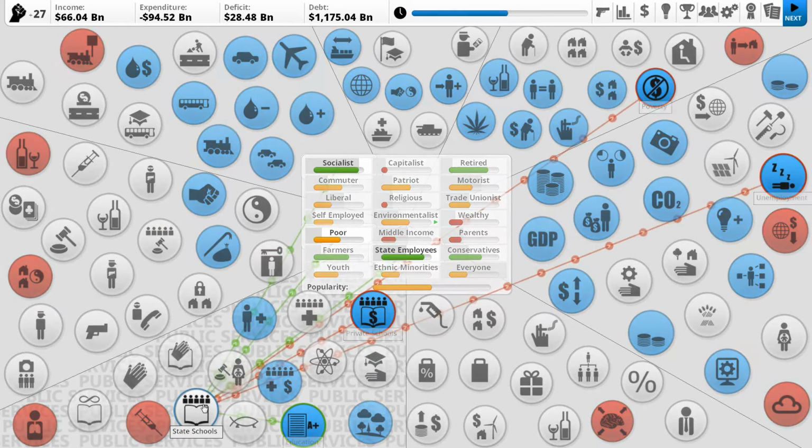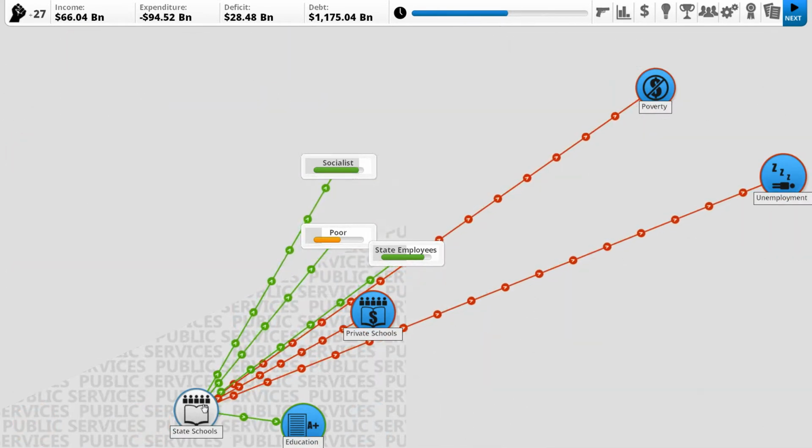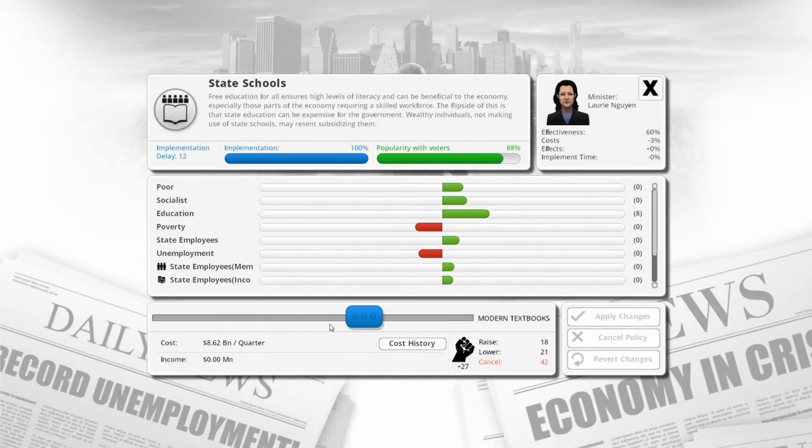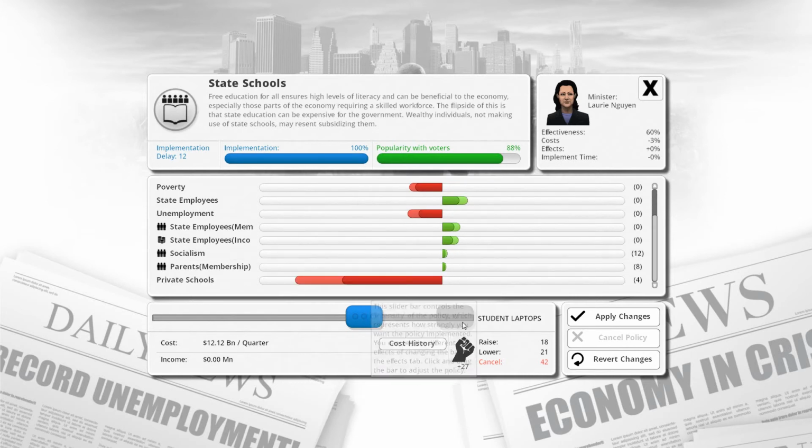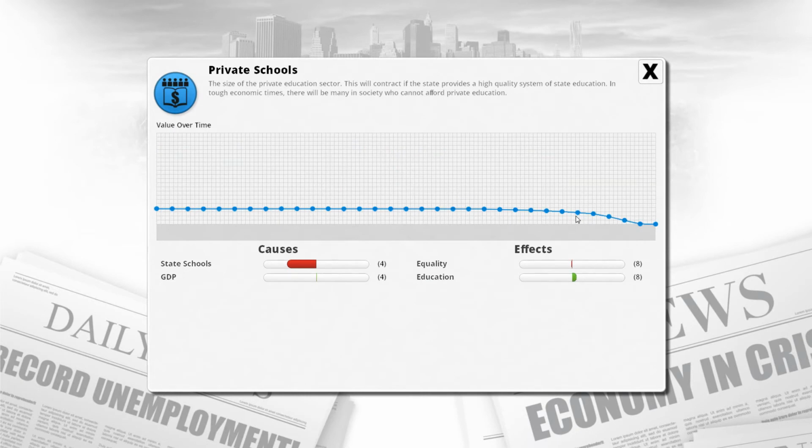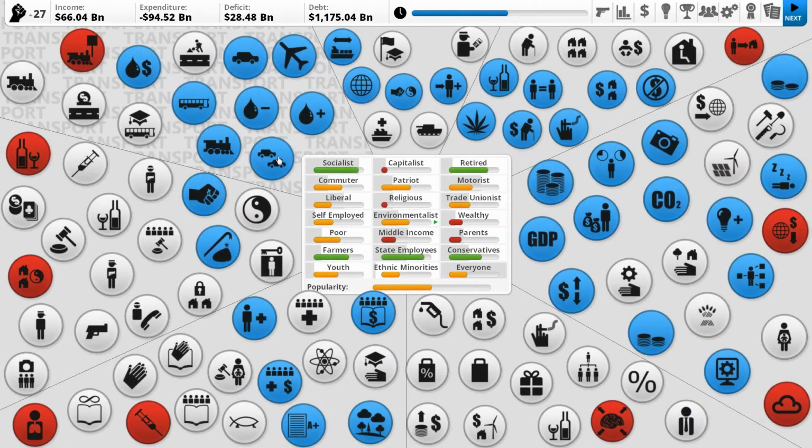Like state schooling or something like that it was called. Yeah, state schools, here we go. These will greatly reduce poverty. Wow, they're expensive as fuck, though. It might pay off in the long run, but we don't really have the long run anymore. Yeah, we're kind of getting outside the long run right now.